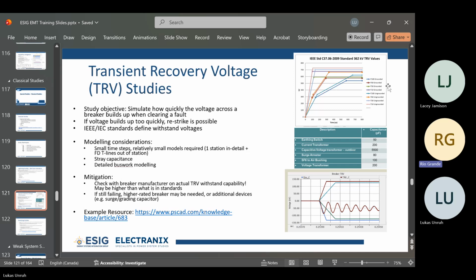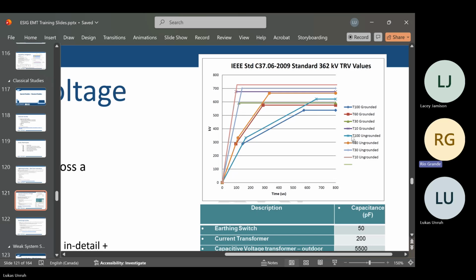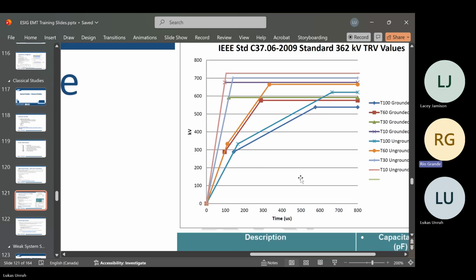You have these profiles for the rate of rise of voltage. So if the voltage across the breaker rises faster than the applicable curve from the standard, then you might have a problem.